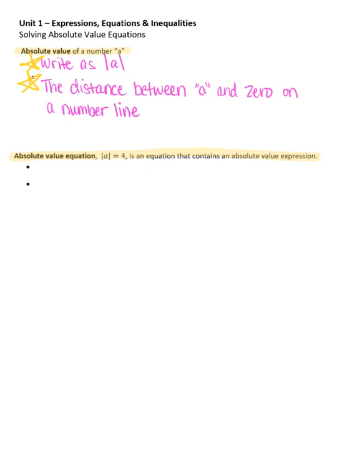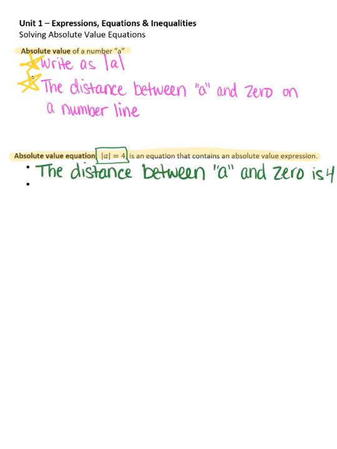So this becomes important when we say the absolute value of A equals 4. What we're saying is the distance between A and 0 is 4. So on a number line, when I think about 0, and I want to think about where is A, well, most of us would say we're 4 spots over here at positive 4.